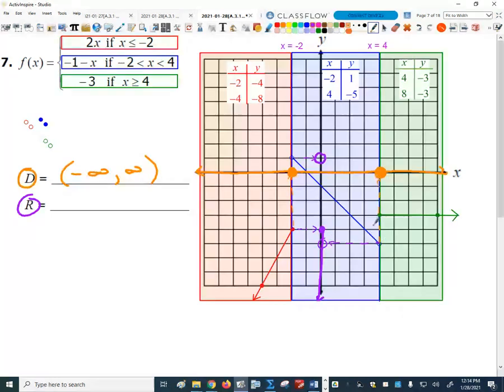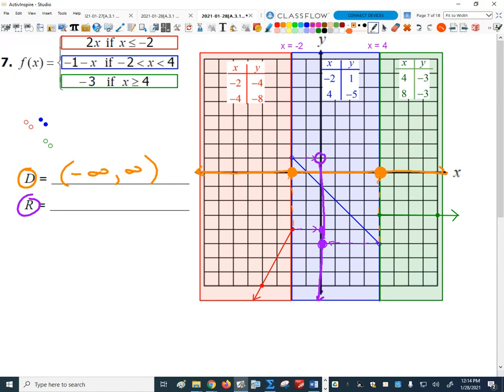And then all the y values in between would get filled in. So it would end up looking like that. And remember, this one was an open endpoint that was already over a point that was filled in, so we'll just make it closed.